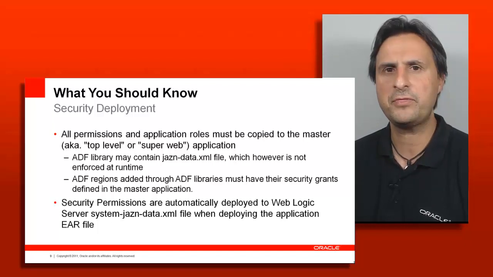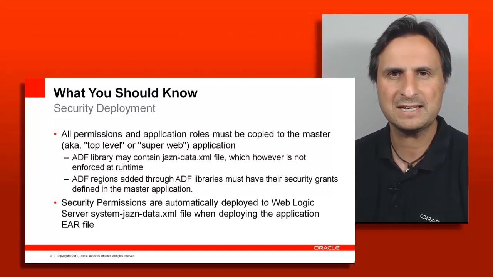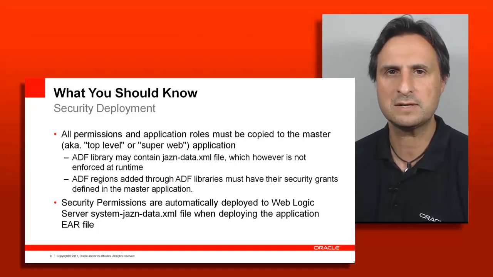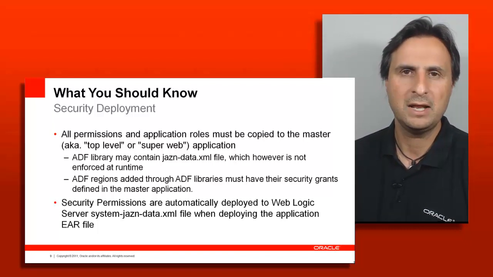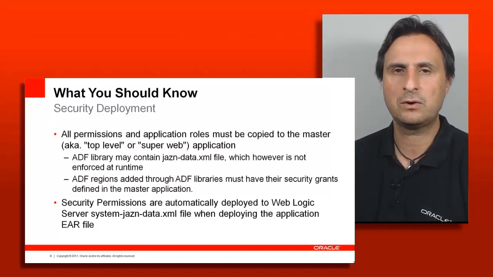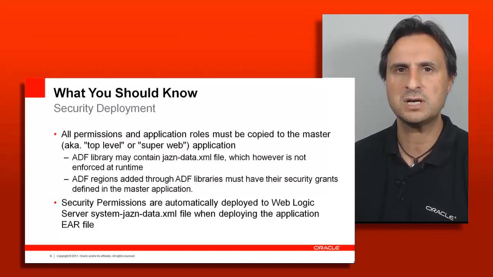Now, if you have a bounded task flow that you want to protect, whoever builds the bounded task flow must have some idea about what should be protected there. At the current state in Oracle JDeveloper, we don't have intelligence about what the security requirement of a task flow is.